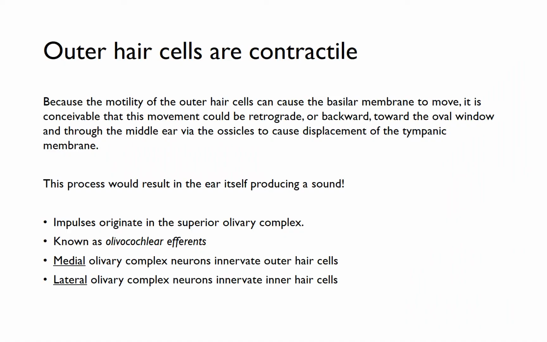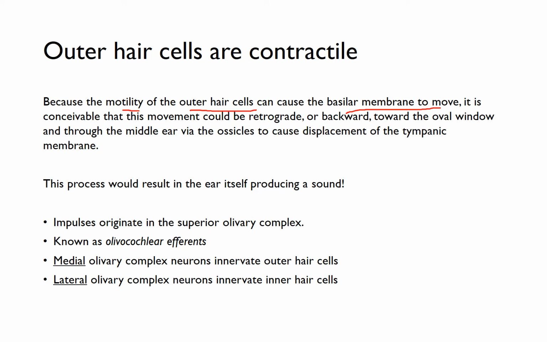I mentioned previously that the outer hair cells are contractile, but they don't just spontaneously contract, although they can. The purpose is to be contractile for a variety of reasons. Because the outer hair cells are mobile and contractile, they cause the basilar membrane to move, and that's what amplifies the signal.